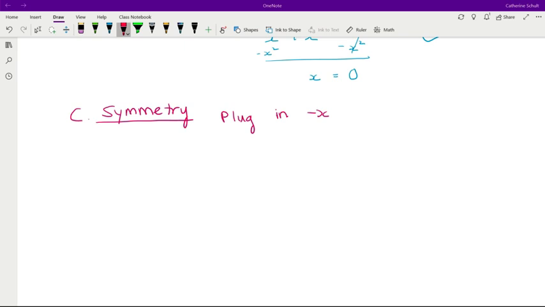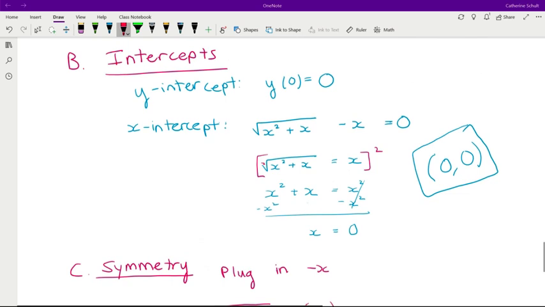Are we going to get the opposite of our old function? We don't know. So let's go ahead and start. We're going to plug in negative x. Our function is the input squared, plus the input, minus the input. Here's our function again.